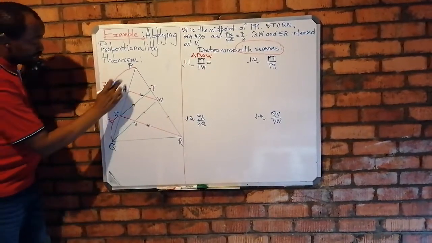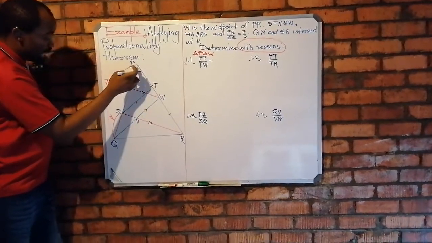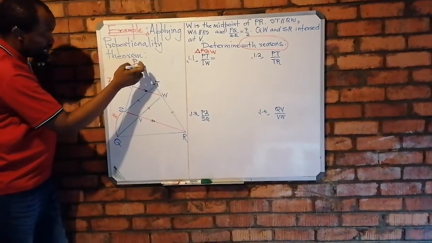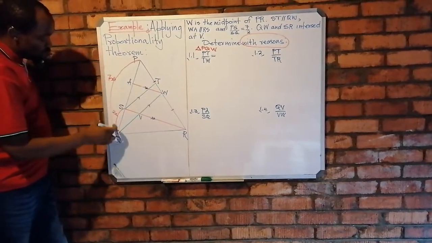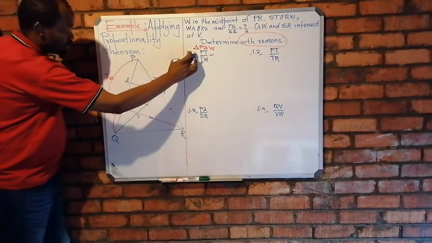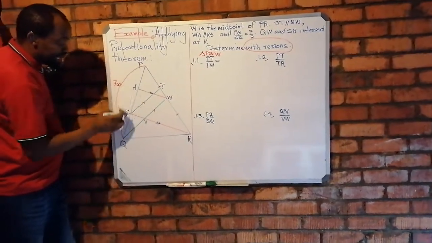If you look at PT and TW and you look at this side, now you will have to say PQ, because PT, you know nothing about PS there.